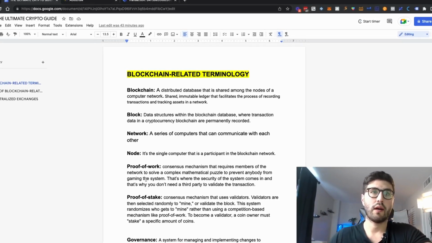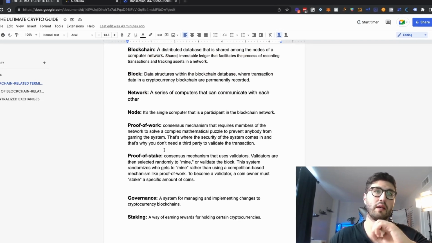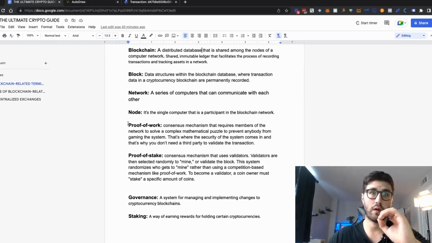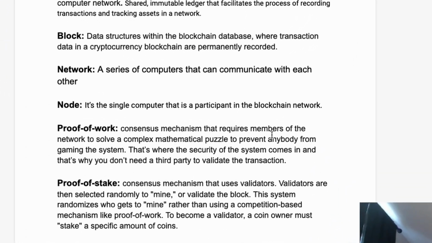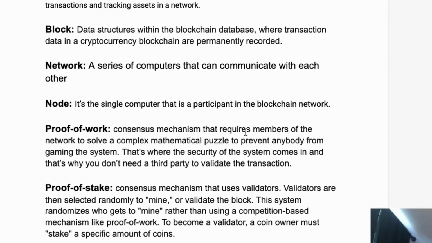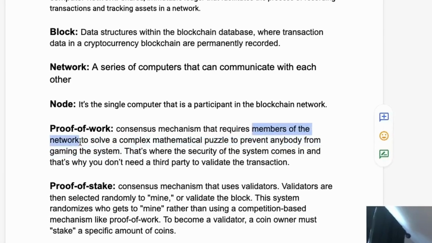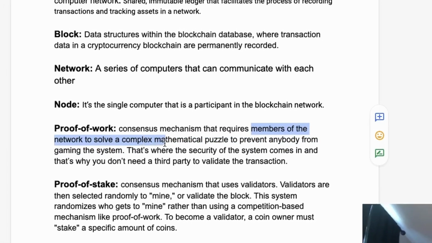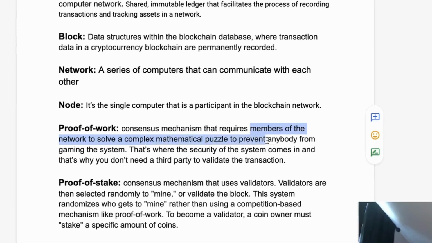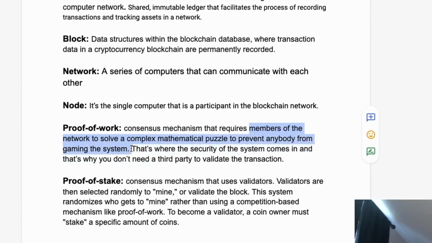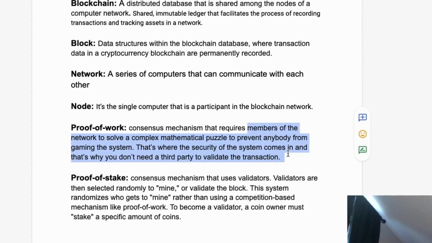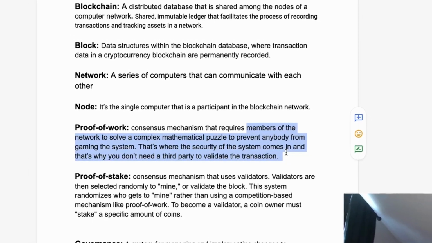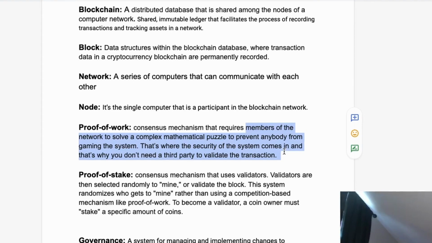All right, so another term that you'll probably hear over and over is proof of work. Proof of work is a consensus mechanism that requires members of the network to solve a complex mathematical puzzle to prevent anybody from gaming the system. That's where the security of the system comes in, and that's why you don't need a third party to validate the transaction.